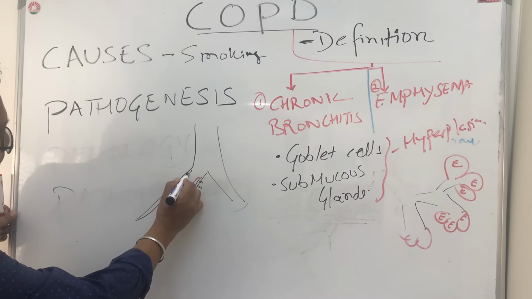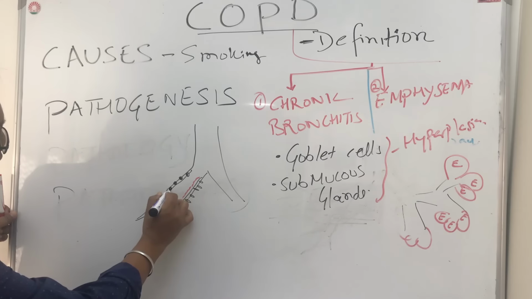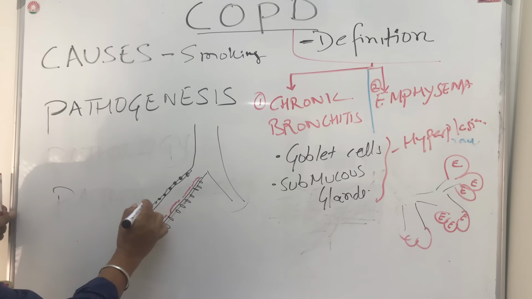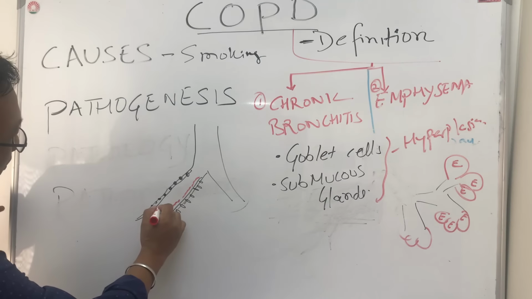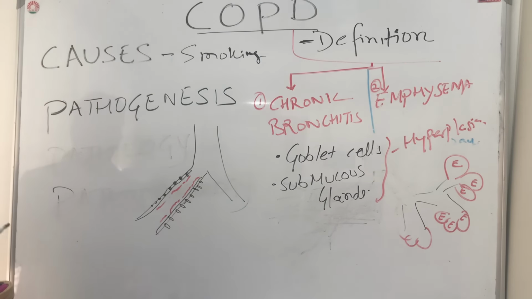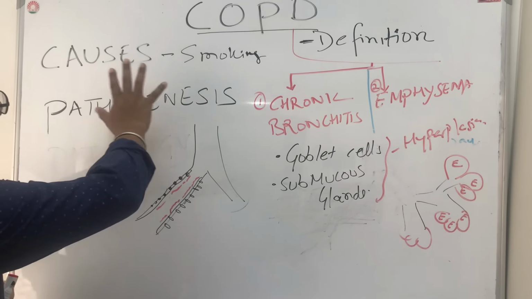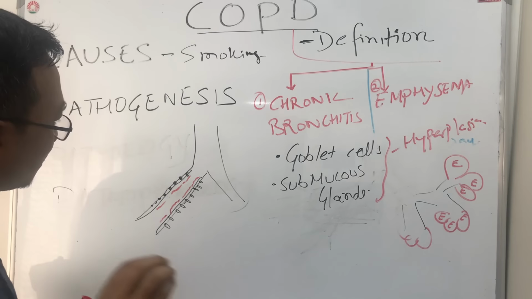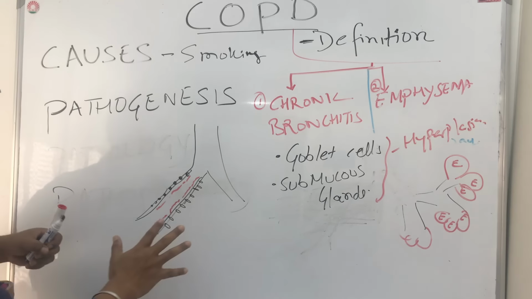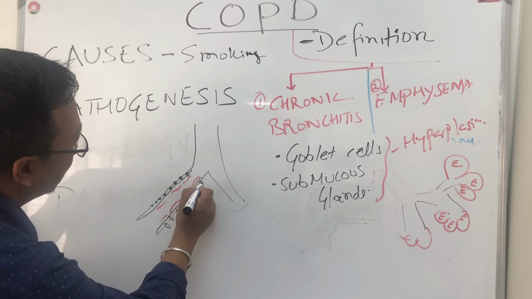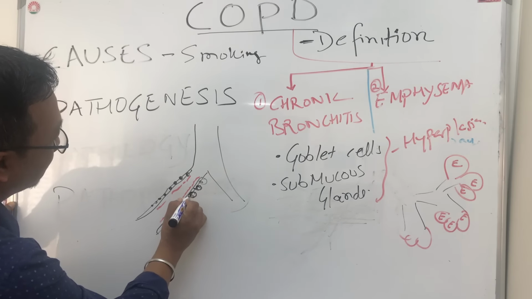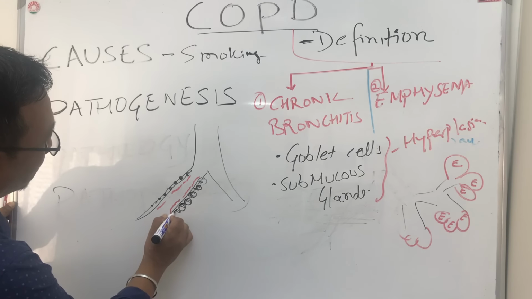And there are also some goblet cells, which also secrete mucus. So what happens in chronic bronchitis, due to whatever cause, though smoking is the commonest, is that there will be hyperplasia. So they will increase in number, these goblet cells will increase in number.